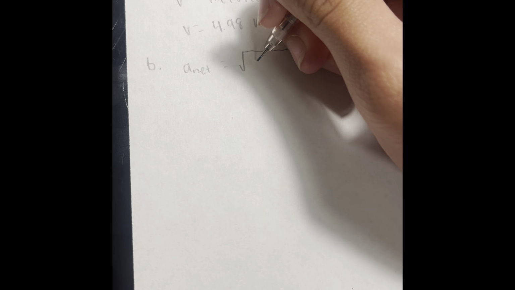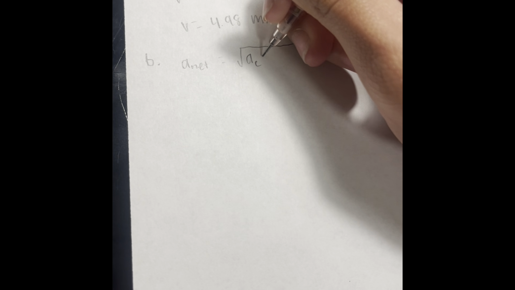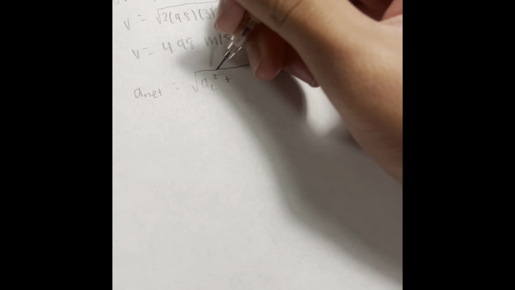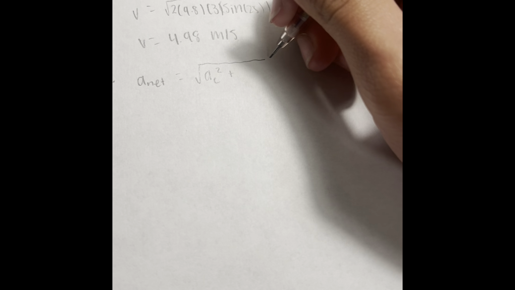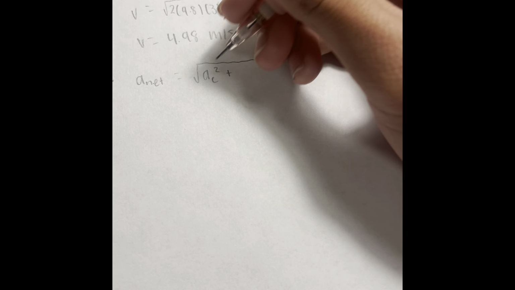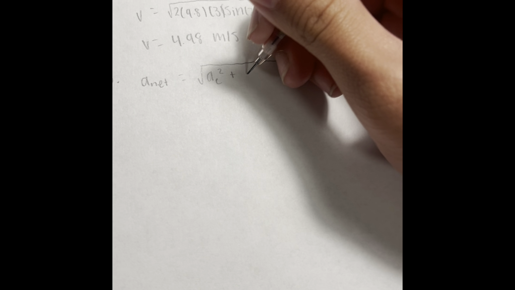So for part B, to find the acceleration, a net is equal to the square root of centripetal acceleration squared plus tangential or linear acceleration squared, because Pythagorean theorem.